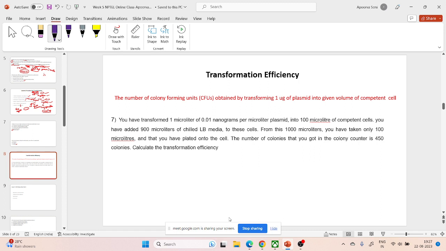Transformation efficiency: you have transformed 1 microliter of 0.01 nanogram per microliter plasmid into 100 microliter of competent cells. You have added 900 microliters of chilled LB media to these cells. From this 1000 microliters, you have taken only 100 microliters and plated it. The number of colonies that you got in the colony counter is 450. Calculate the transformation efficiency. How will you calculate it?